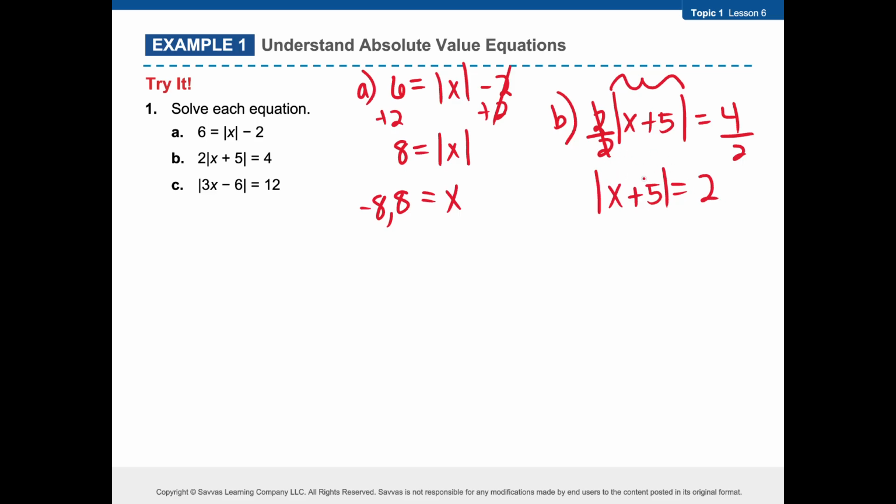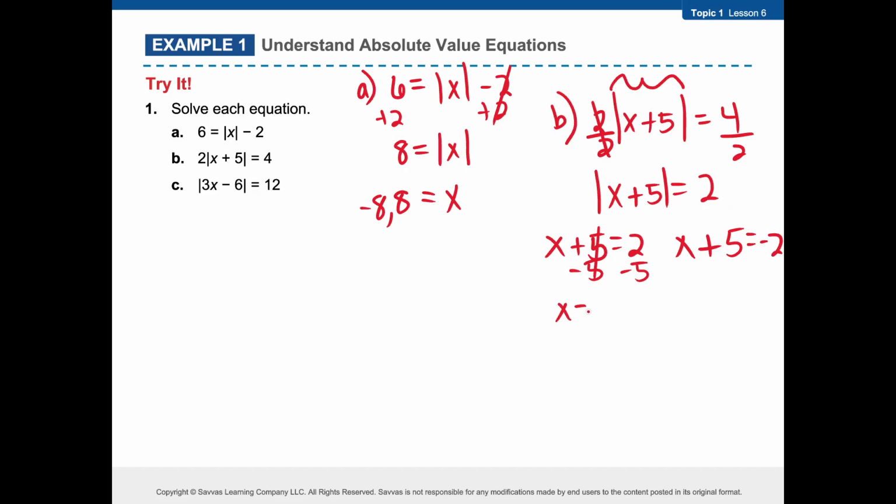Once you get the bars isolated and it equals a positive number, now you separate it into two equations. Because it takes two spaces to reach 0, and it takes negative two spaces also to reach 0.